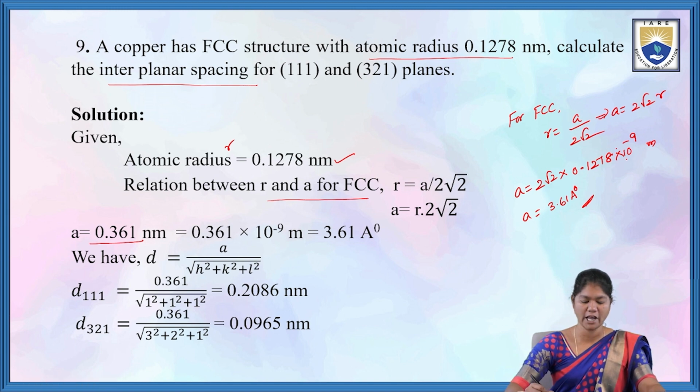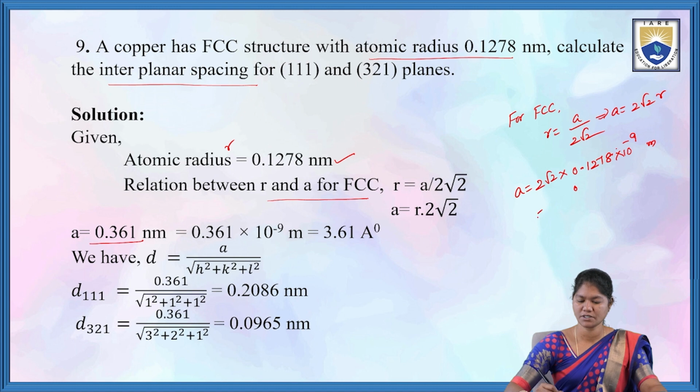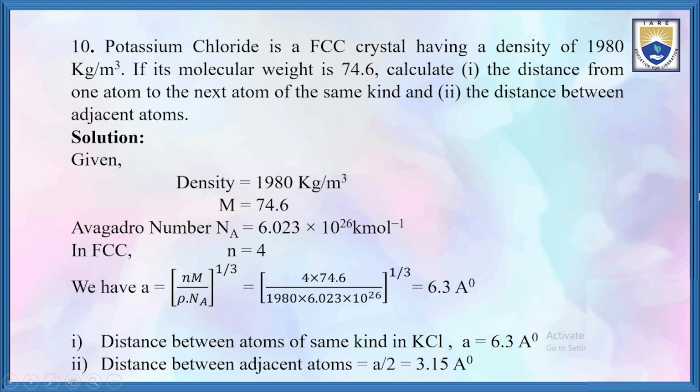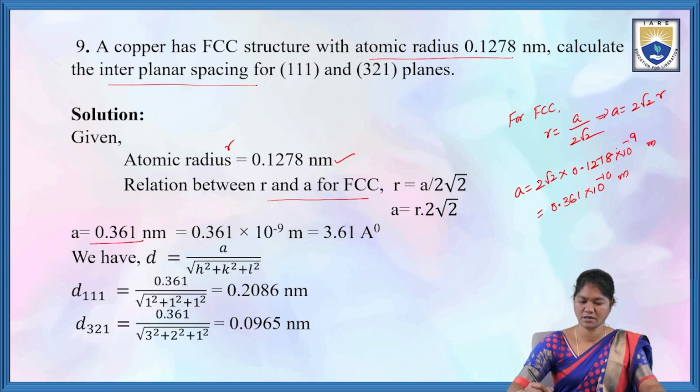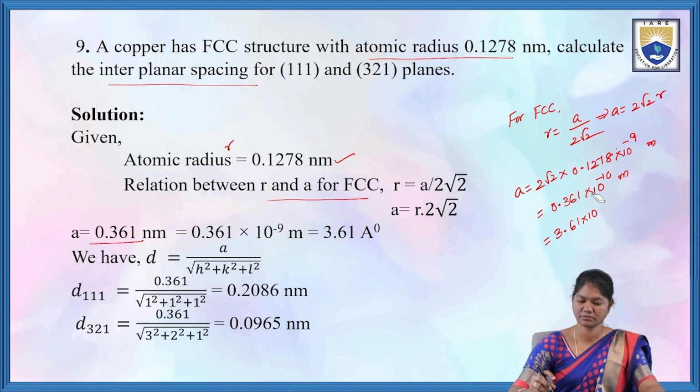Converting into angstroms, it is 0.361 into 10 power minus 10 meters, so we write 3.61 angstroms.